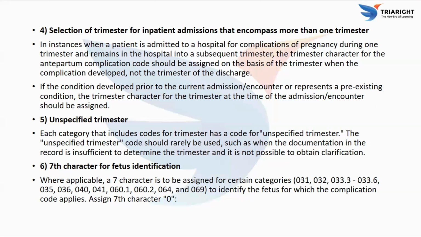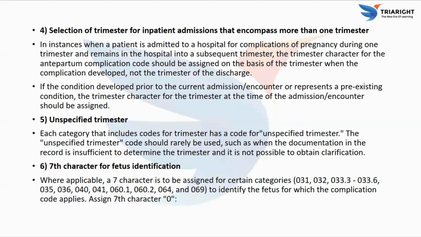Okay. Coming to the sixth guideline, seventh character for fetus identification. For certain categories, a seventh character must be added to indicate which fetus has the complication in multiple gestations, like twins, triplets, etc. What is the example coding pattern? O31.21x. The last character is a seventh character representing the fetus number.